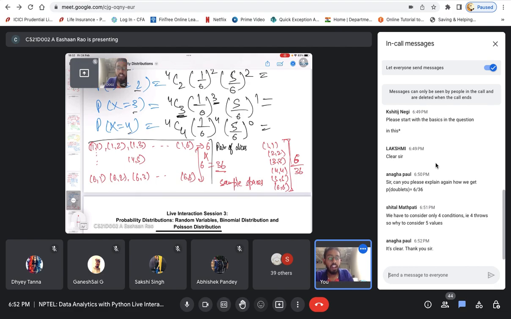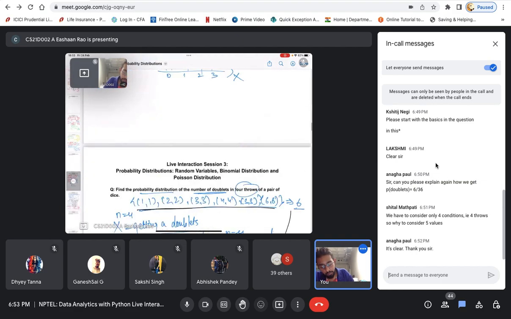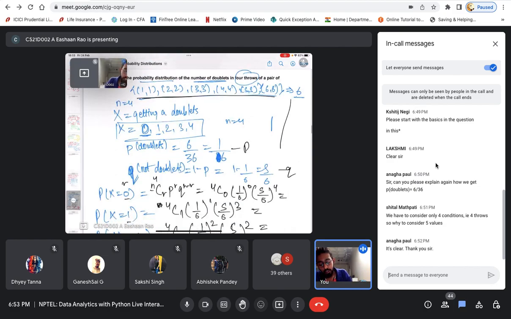Now another question: we have considered only 4 throws, so why consider 5 values? The throws are you just throwing the dice, and the outcomes will be different scenarios.